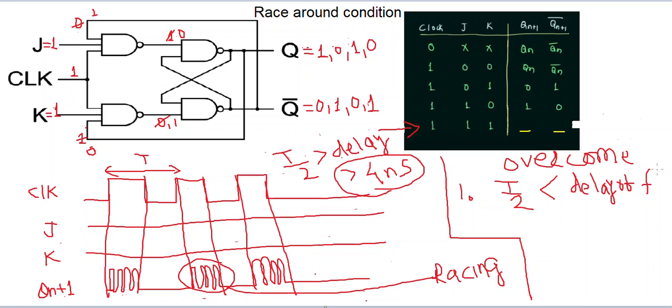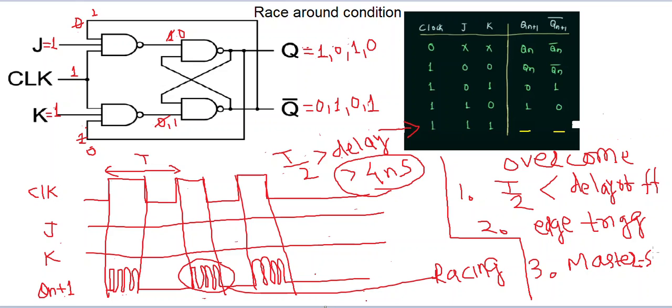Another is to use an edge trigger. You know that there are two types of edge trigger, positive and negative. Another is to use a master slave flip flop. By that you can avoid the race around condition.